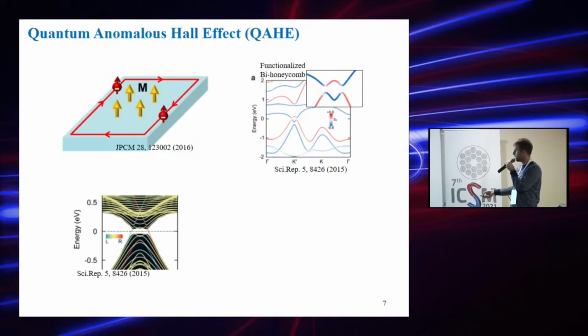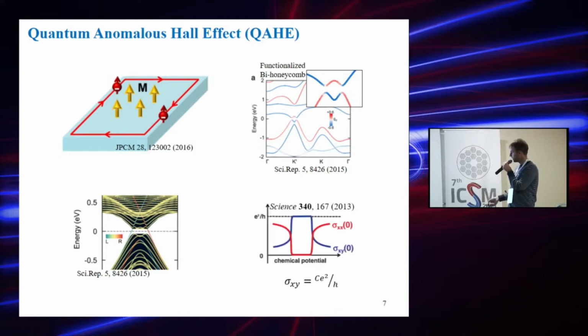On the left we go forward, on the right we go backward. The quantized observable in the effect is the Hall conductivity, which is quantized to C times e²/h, and this C factor is the topological invariant, which is called the first Chern number. It is basically the number of these chiral edge modes in the sample.